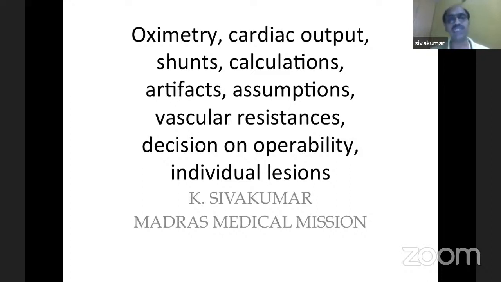The Fick principle states that the uptake of a substance by a given organ is equal to the blood flow into the organ multiplied by the arteriovenous concentration difference. Let us now take the organ as the lungs, so the amount of blood going into the lungs.